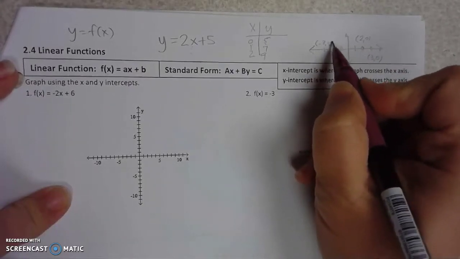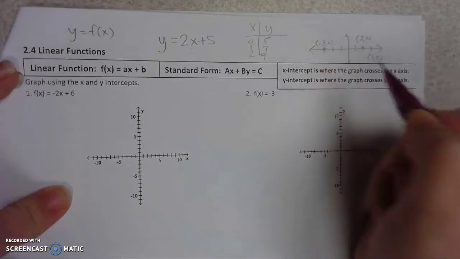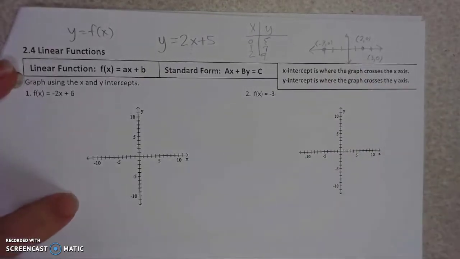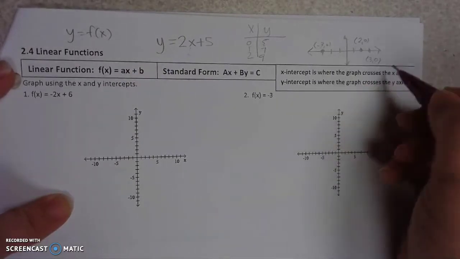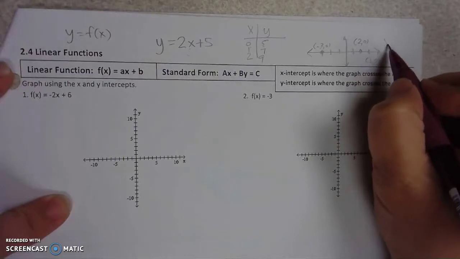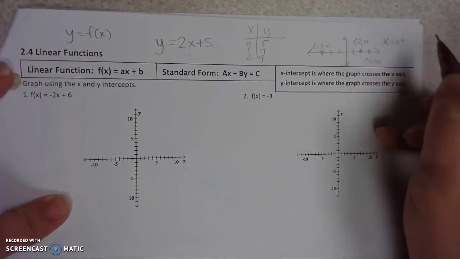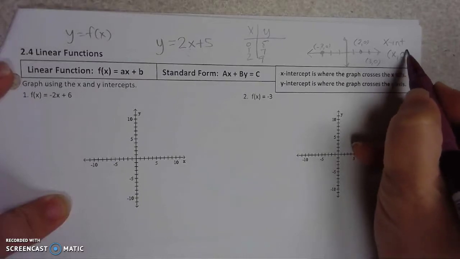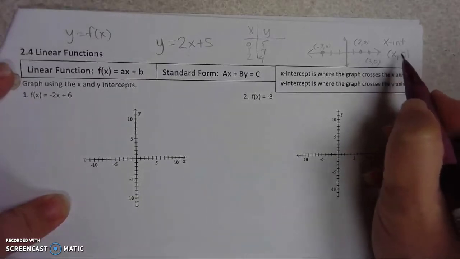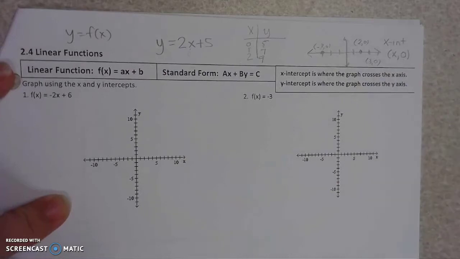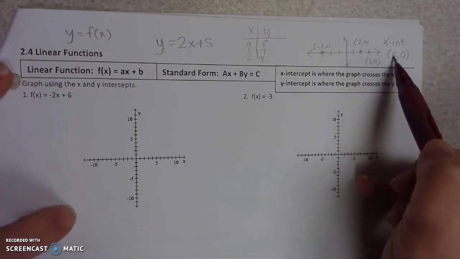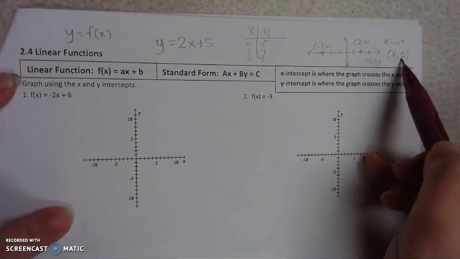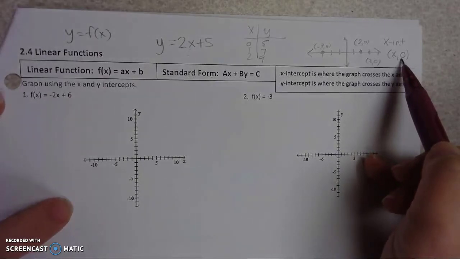On this side, the coordinates of this point would be negative 3, 0, and notice that in all of those points that are lying on the x-axis, their y value is 0. So in an x-intercept, we always know that the y value is going to be 0 because this intercept lies on the x-axis. So it's wherever it's crossing that x-axis, and the y value is always 0.